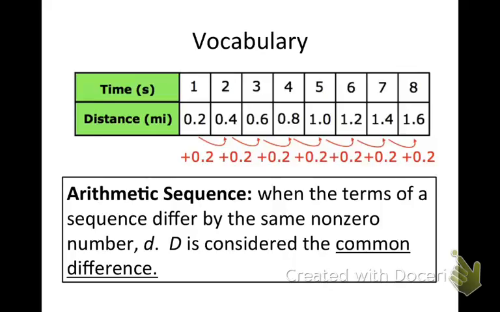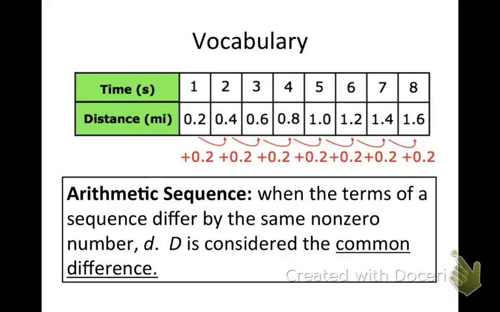Because there are 2 different types of sequences that we are going to hit in this course. The second one is way at the end of the course. So an arithmetic sequence, it's probably the easiest one to take notice of. It's when you have the same number being added each time.